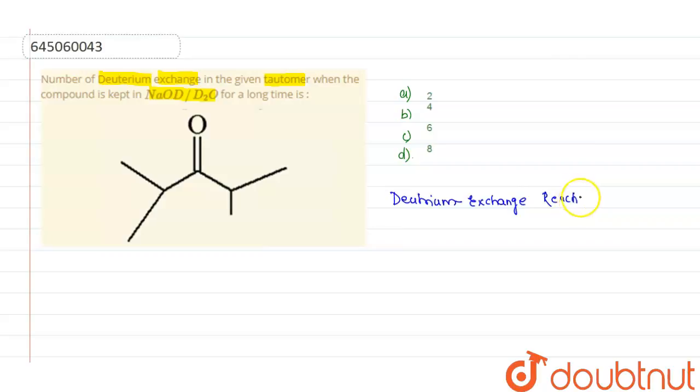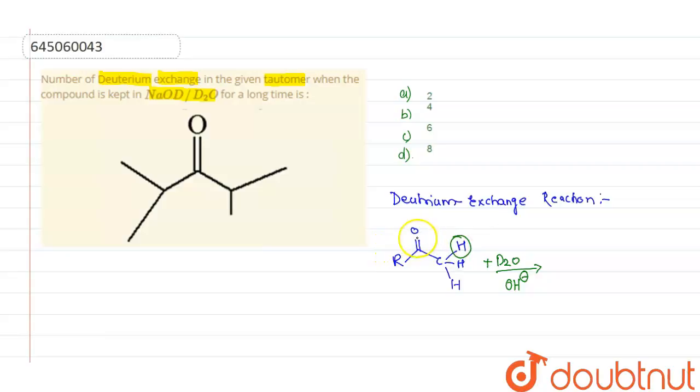What happens in this reaction is, if any acidic hydrogen is present here and we add D2O in the presence of a base or an acid, this acid or base catalyzes the reaction. So the alpha hydrogen present here will be exchanged by deuterium.